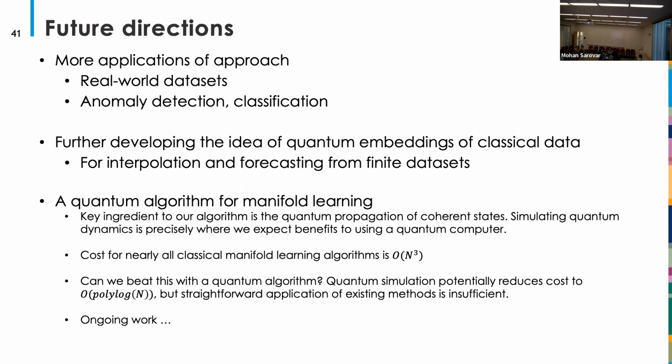The thing that I'm having trouble with is, firstly, what are we trying to beat, right? Nearly all classical manifold learning algorithms, the cost is order n cubed, where n is the number of data points, because almost all of them proceed by spectral analysis or diagonalization. You might think quantum simulation potentially could reduce this. State-of-the-art quantum simulation is order polylog n cost. There's an error dependence too, but in terms of dimensional dependence, it's polylog n.